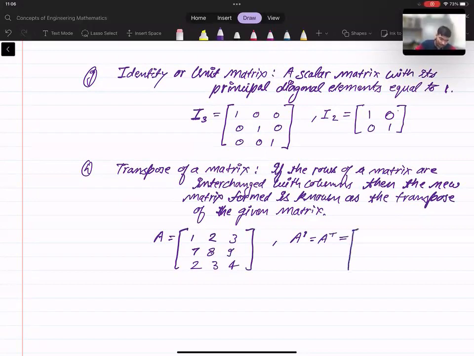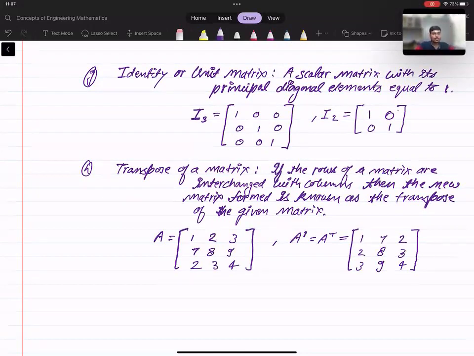Here the rows are interchanged with columns. So 1 2 3 will now become the first column, 7 8 9 is the second column, and 2 3 4 is the third column. So this is known as the transpose of the matrix.